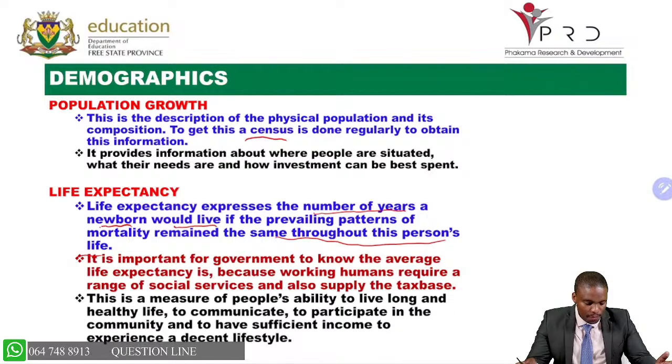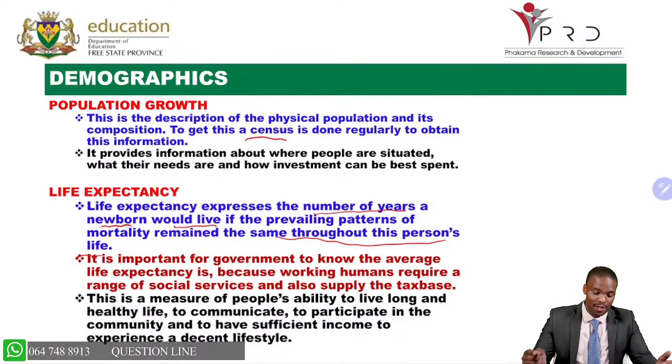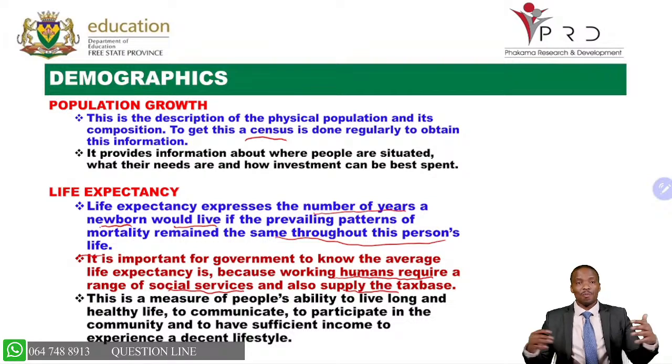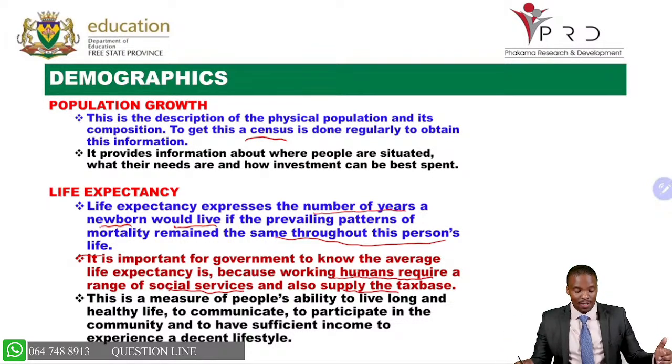So it is therefore important for the government to know the average life expectancy, because working people require a range of social services and also supply the tax base, so that we know how many people are going to contribute to the fiscus of the country as well as the tax base.